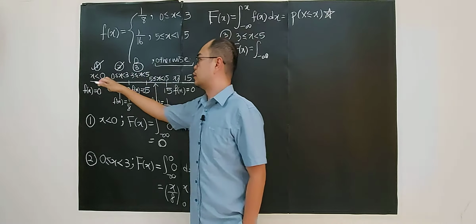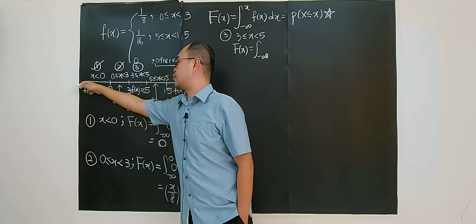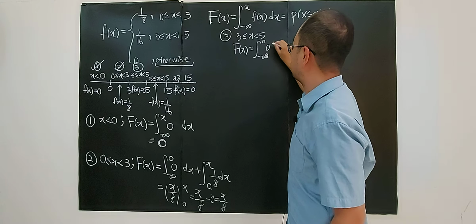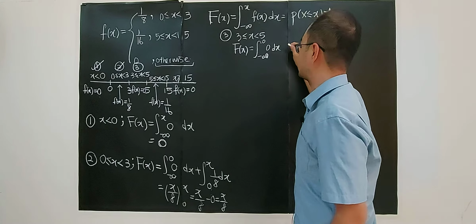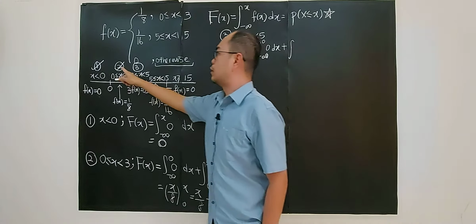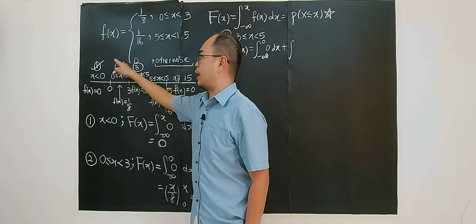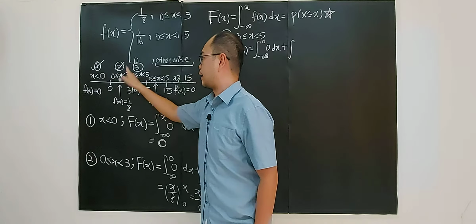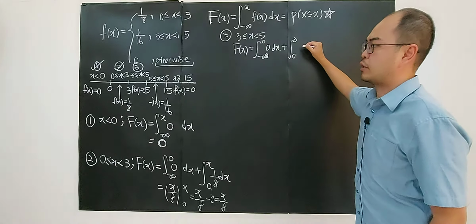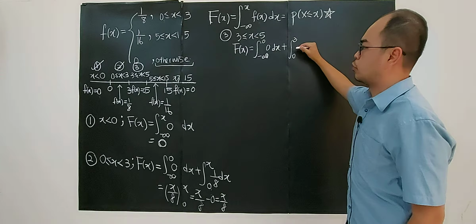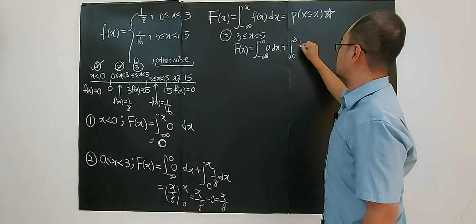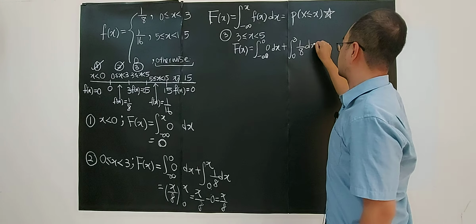So negative infinity up to 0, during this time your density function is 0, followed by integrating. The second interval I already ticked, which means I have to integrate everything from 0 up to 3, not stop at x. So during this time, 0 to 3, the density function is 1 over 8 dx.